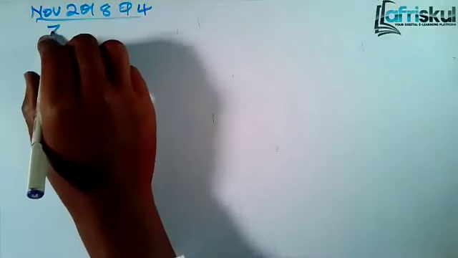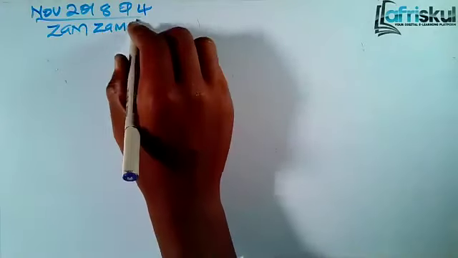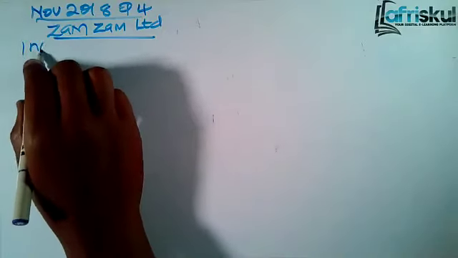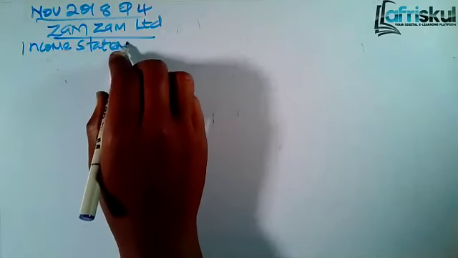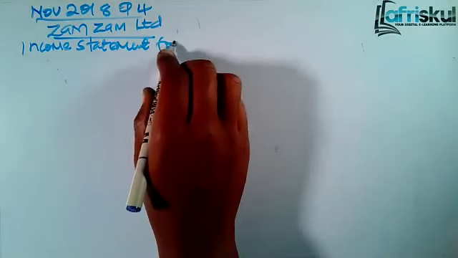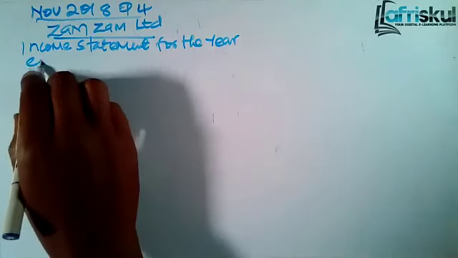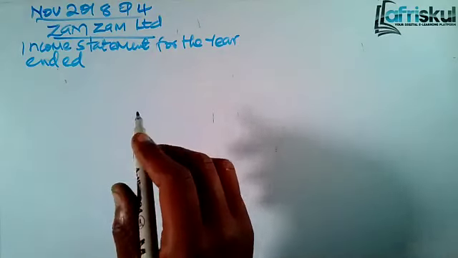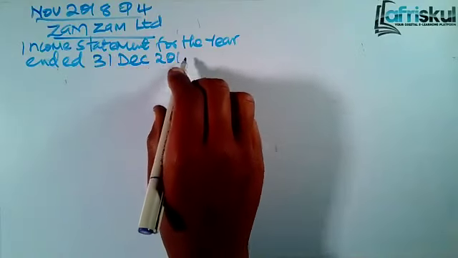So in this case, I've said you begin with the name of the company, which in our case is Zamzam Limited. So I have the income statement for the year ended 31st December 2017.